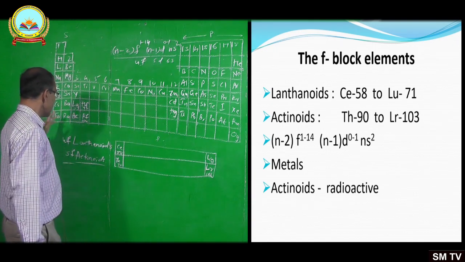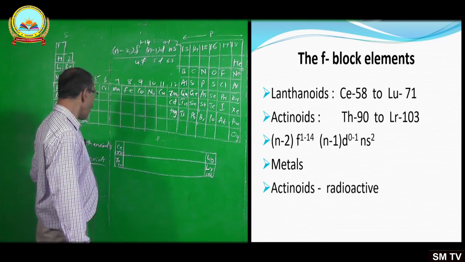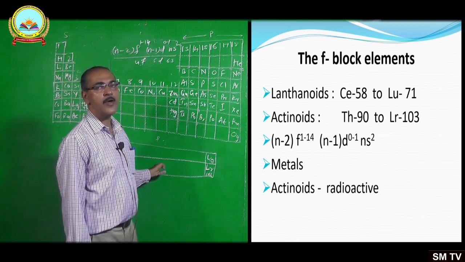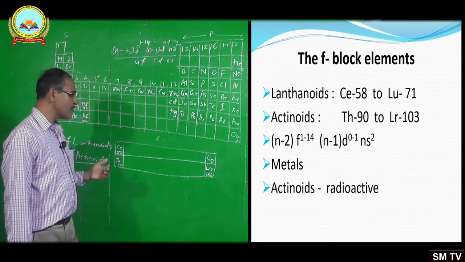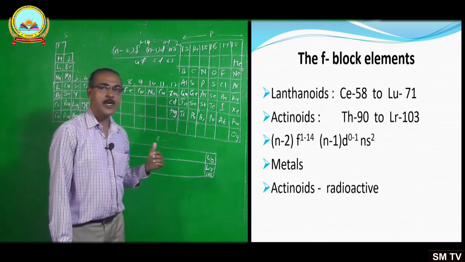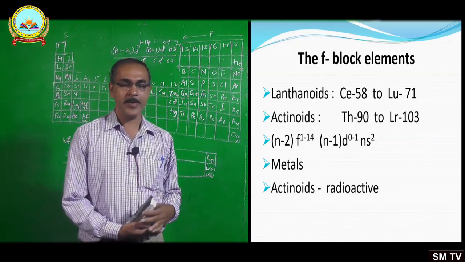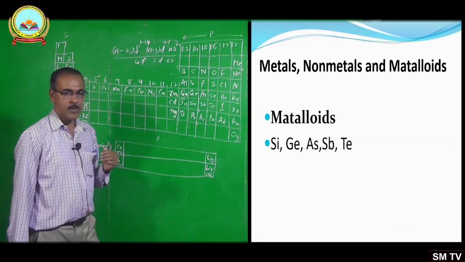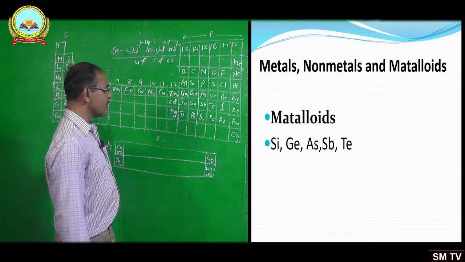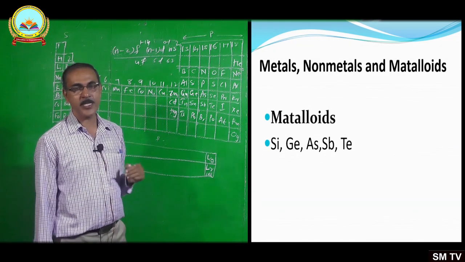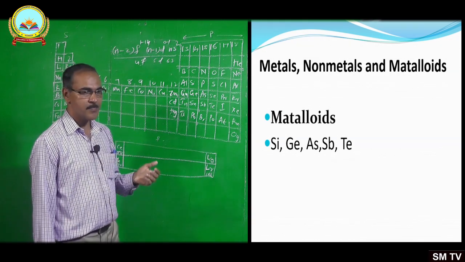Now coming to the actinoids, all actinoids are radioactive elements. The elements which come after uranium are called transuranium elements. Now, in the periodic table, I told you metals are there, about 78% of elements are metals.